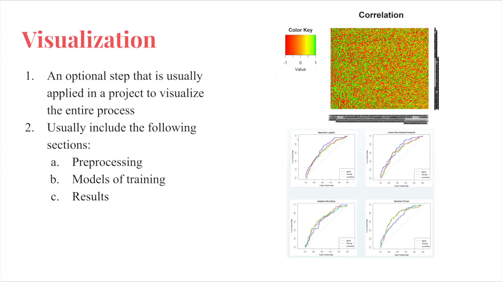For example, to show how our data set is distributed, we use this color-coded map, or heat map, to show the distribution of our sample data points. In this case, the more mixed the 3 colors, red, yellow, and green, are, the better the data set is.